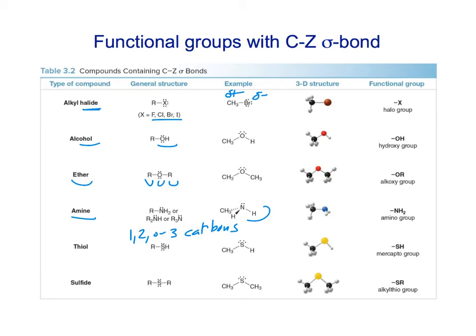If we replace the oxygen of the alcohol with a sulfur, then we get a thiol, so SH. And if we replace the H of the thiol with another carbon, we get carbon, sulfur, carbon. This is called a sulfide. This is also sometimes called a thioether because it's just like the ether up here, but it has a sulfur instead of an oxygen.